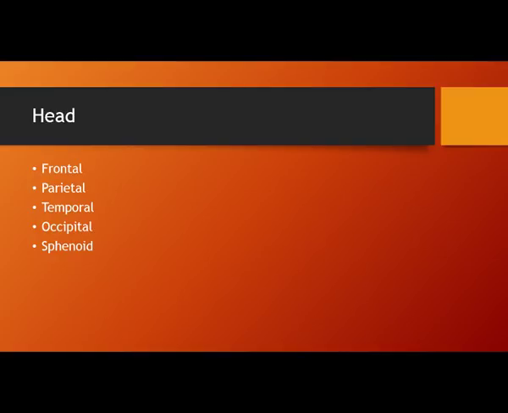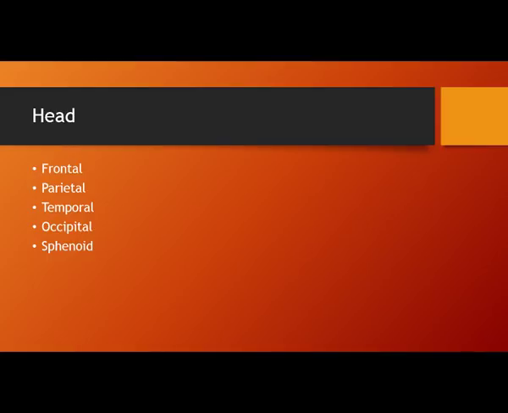Like we'll speak of a headache in the frontal area or in the parietal area, or that you found a certain lymph node in the occipital area, or things like that. So in order to do that accurately, you need to know where those bones are.